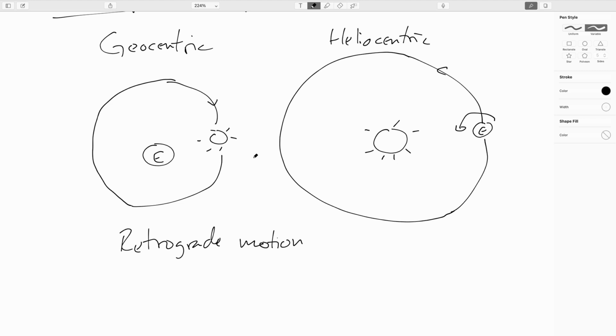And that's exactly what's happening here. The Earth, say, passes Mars. And when you're doing that, Mars looks like it's going backwards against the sky. That's the retrograde motion. So it's a cleaner, nicer explanation for retrograde motion, but it has to explain star motion at least as well as the geocentric model.